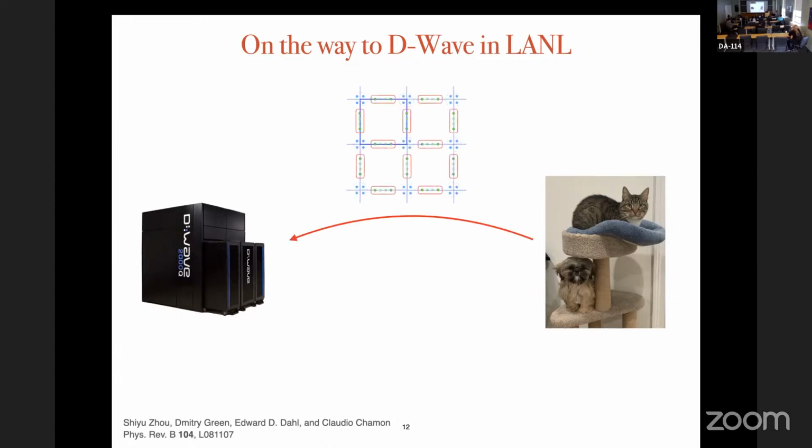So I sit at home, program all of the embedding details, along with instructions on how to do the quantum annealing and how to reduce the possible errors in the qubits, and send it to the D-Wave at Los Alamos through API. Then the D-Wave conducts the experiments and measures in the zero transverse field limit in the Z basis of each qubit, and sends me back the ±1 value of each qubit.